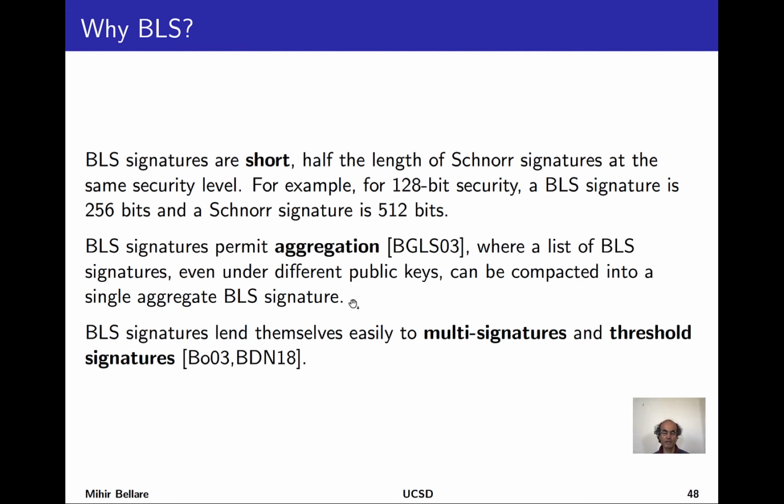So you can achieve quite a bit of space savings through this. Also, there are many extensions of digital signatures, multi-signatures, threshold signatures. Multi-signatures are becoming quite interesting in blockchain and cryptocurrency applications these days. And BLS lends itself quite easily to these kinds of extensions due to nice algebraic properties.